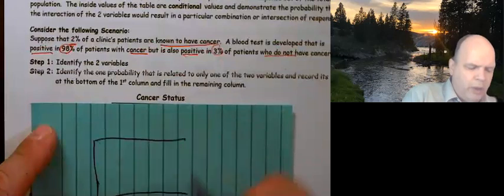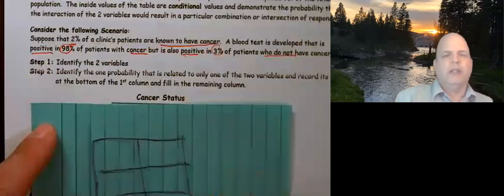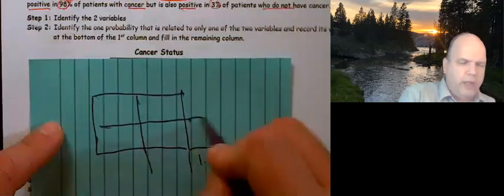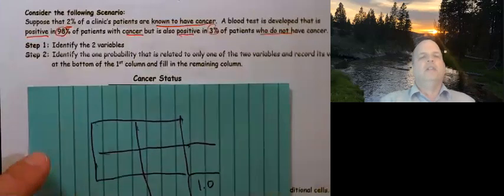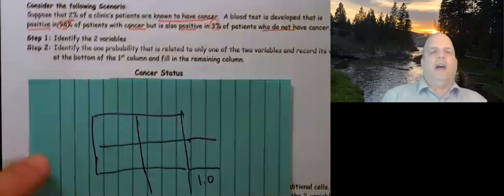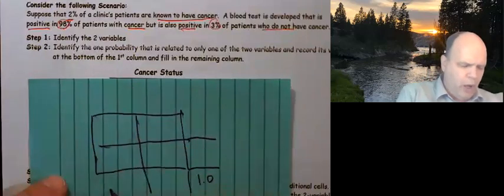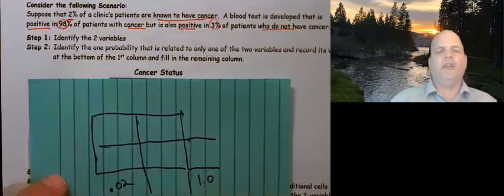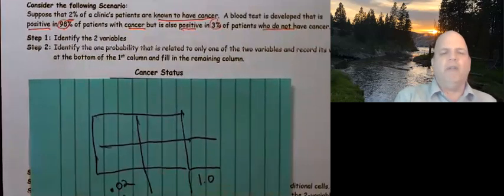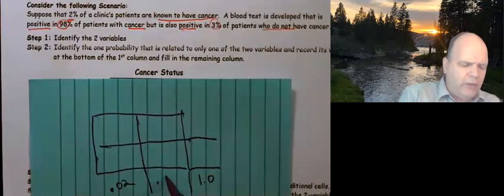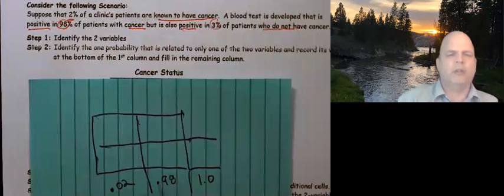I make what I call my window. There it is. Nothing fancy, nothing special. Now with my window, I know one number before I start. I know this is 1.0. I go ahead and extend this, and I go ahead and extend that. 2% we already identified as being the one variable. Because it's the one variable, it always goes right here every single time. So make this spot every single time where you put the one variable, and then the one minus that goes here.